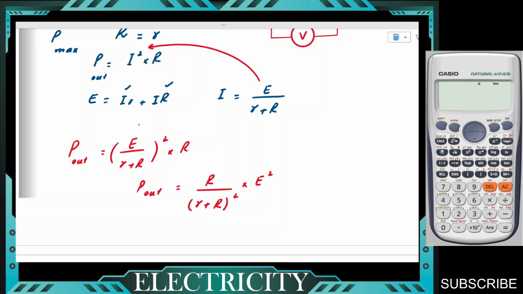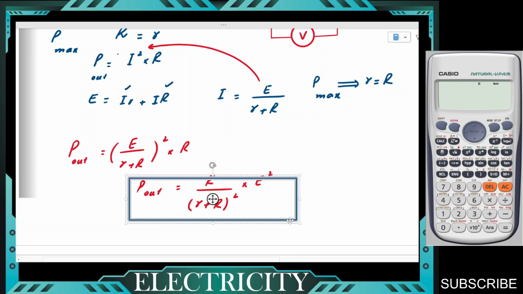That's it. Now, like I said, for P maximum, internal resistance should equal the load resistance. And this is the expression that we're going to use in order to find the power across the load resistor.